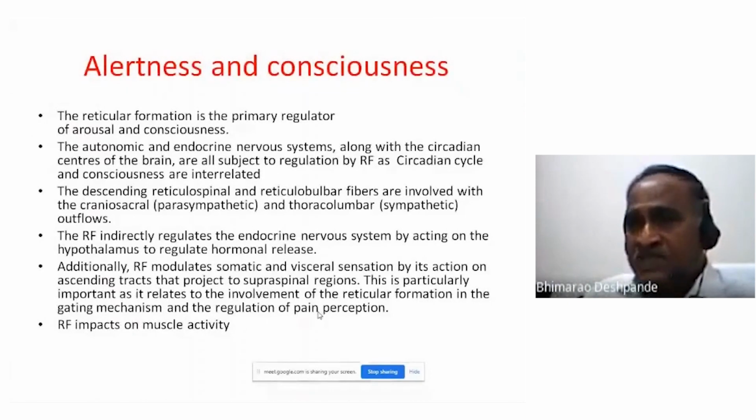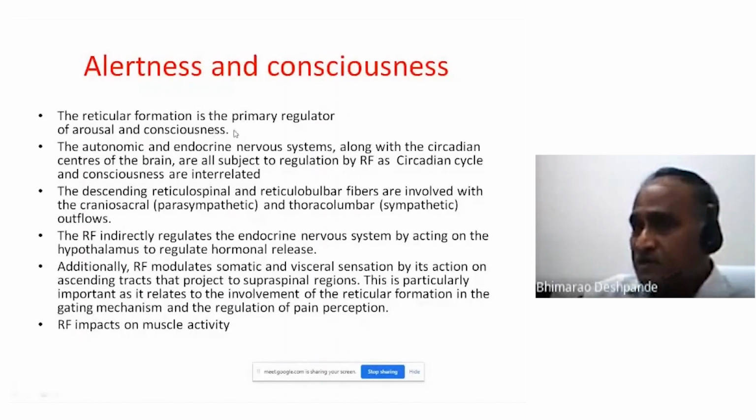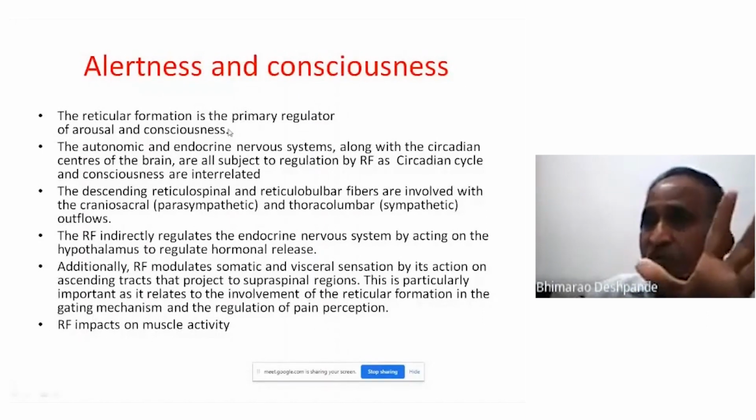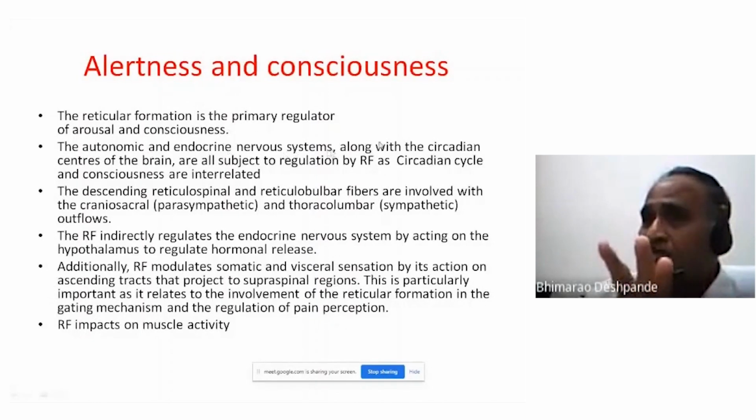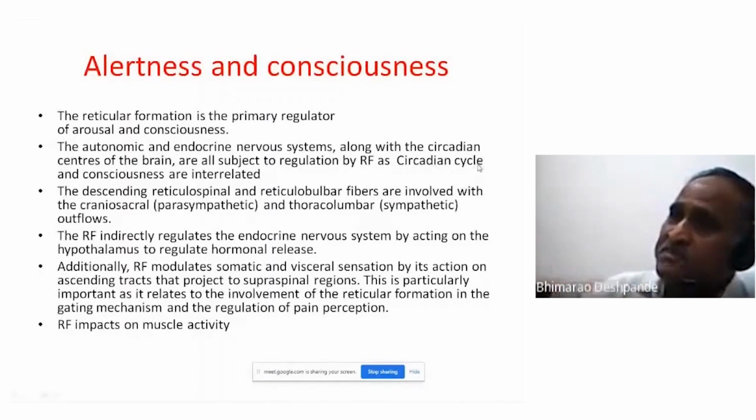Now, though there is some repetition, let's take it, because the reticular formation is the primary regulator of arousal and consciousness. I want to impress upon you that the autonomic and endocrine nervous system, along with the circadian centers of the brain, are all subject to regulation by the reticular formation. You know that the circadian cycle is dependent upon the conscious state, the sleep-wakeful state. If the light-dark cycles and the sleep-wakeful state are disturbed, the circadian cycle is disturbed.